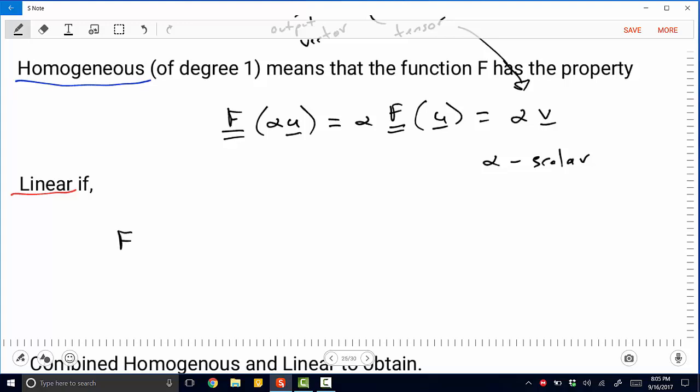Meaning, if we have our tensor and we have two vectors, an input vector 1 and input vector 2, we could change the order of our operation, meaning separate these into two operations.